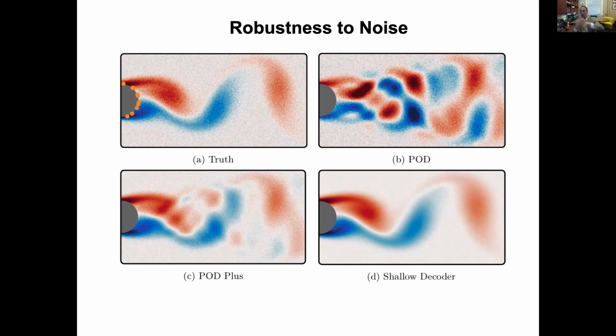The shallow decoder not only gets it right, it also denoises it for you. So there's something to be said about nonlinearity playing a role in this space, because now these nonlinear modes offer you a lot of flexibility. Noise is just additive, but here in the nonlinear system, noise just gets shredded. It's out of the system. So that's very nice.